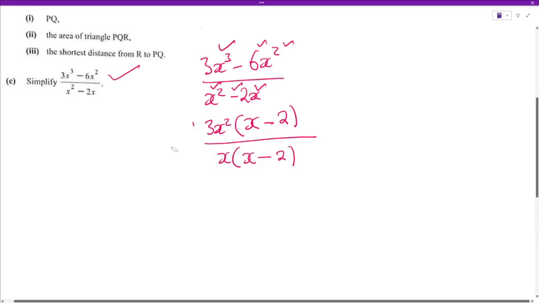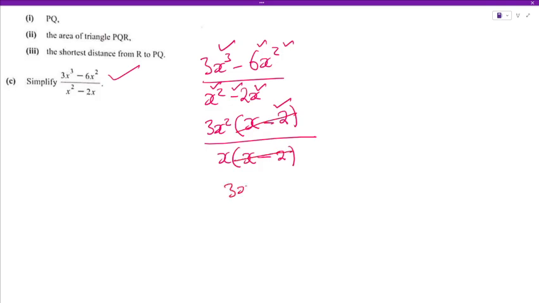In the brackets, you have x minus 2 on the numerator and also x minus 2 down here. So what does that tell you? It simply means these two will cancel out. What are you going to remain with? You're going to remain with 3x squared over x, which you can further simplify. What is 3x squared divided by x? That will just give you 3x, and that will be your final answer.